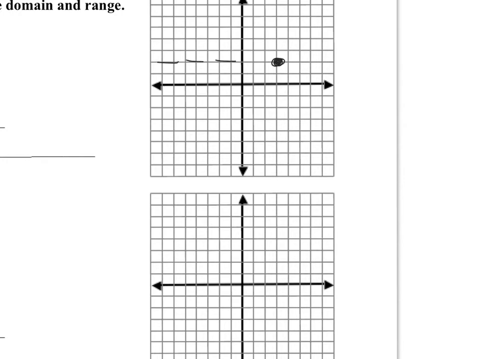And then draw in my asymptotes. Now when you graph it on your calculator, the calculator will not show you the asymptotes. You can see and visualize where they are, but they won't draw them in for you. So this is your y equals 2 and x equals 3.